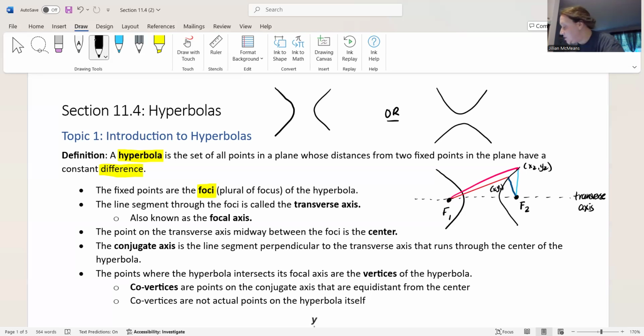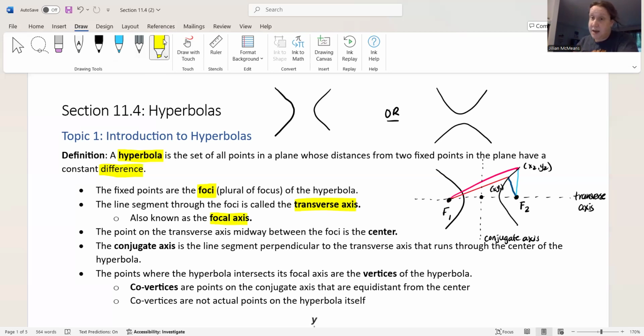And then there's a center. The center is the point right between the two curves. There's another axis that runs through that center perpendicular to the transverse axis called a conjugate axis. So we've got a transverse axis, we've got foci. You'll sometimes have the transverse axis called the focal axis.